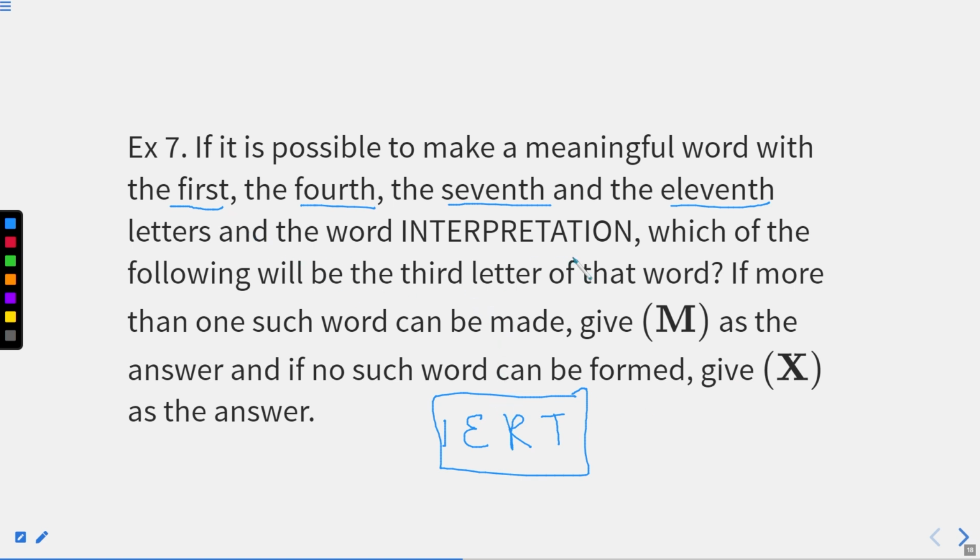From the first line of the question, we are able to figure out the 4 letters, right? Now you are supposed to arrange them in a proper order so that it will form a meaningful word. If more than one meaningful word is formed, then you have to answer M. If it is not forming any meaningful word, then you have to mark X, right? We'll move to the solution part.